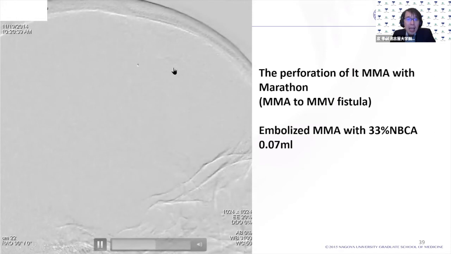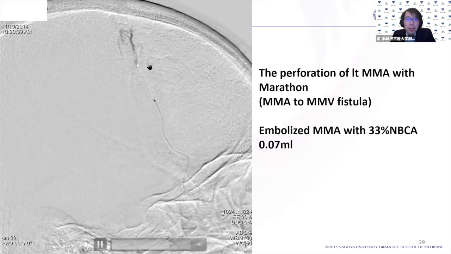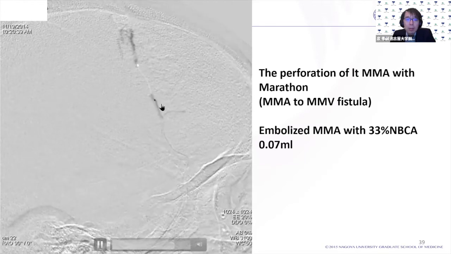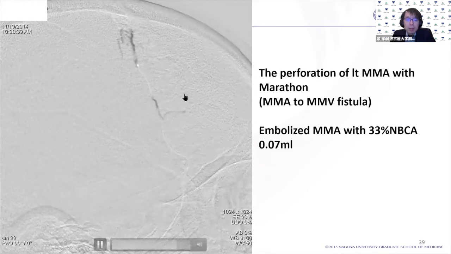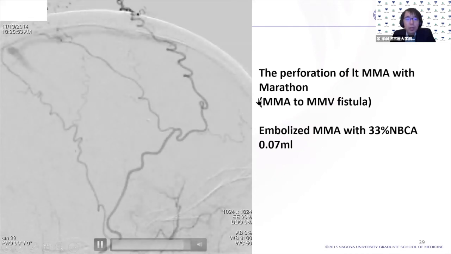I embolized this iatrogenic fistula using NBCA. Here is 33%. And from the proximal part, I injected. The MMA is occluded.